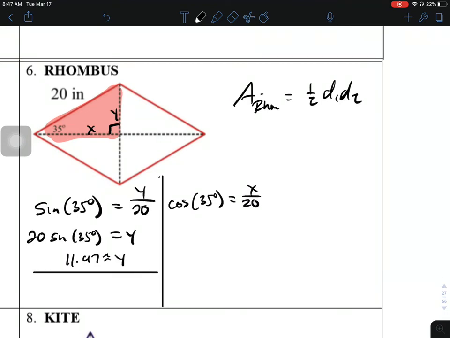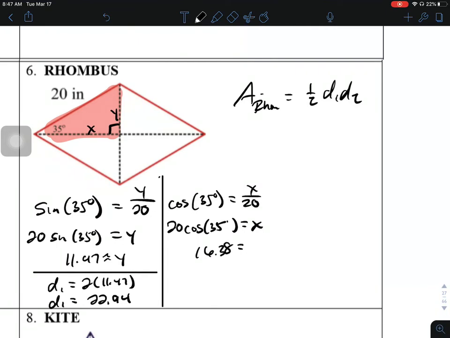If that's the length of y, then one of the diagonals is going to be twice that, which would be 22.94. This other equation, if I multiply both sides by 20, and then throw this into my calculator, I'm going to get 16.38.